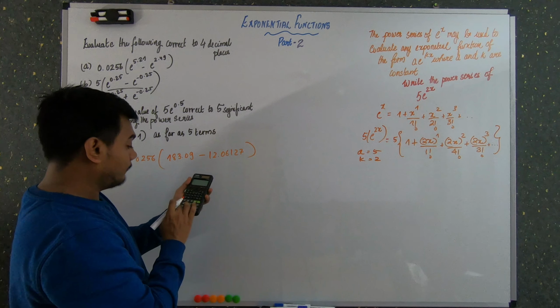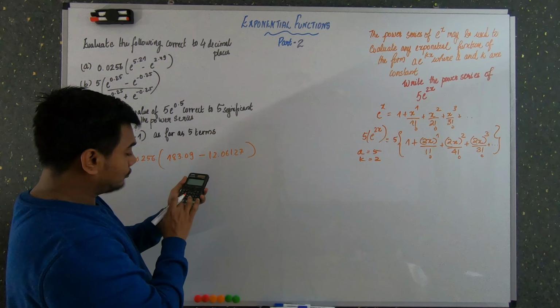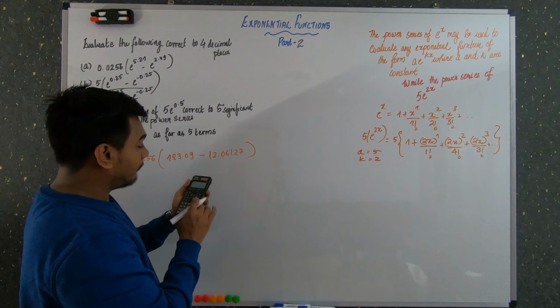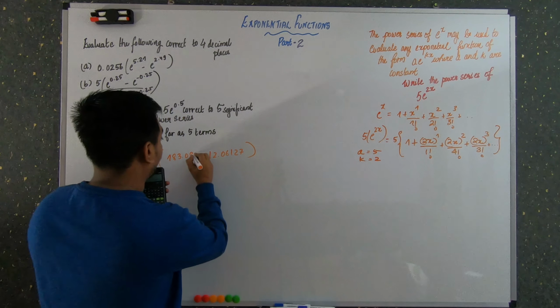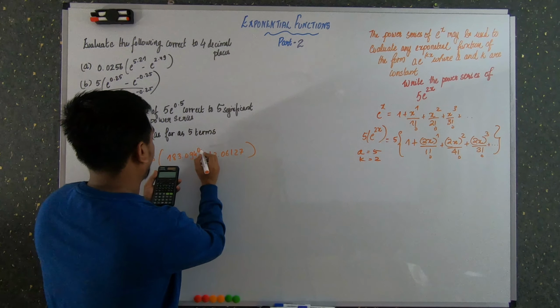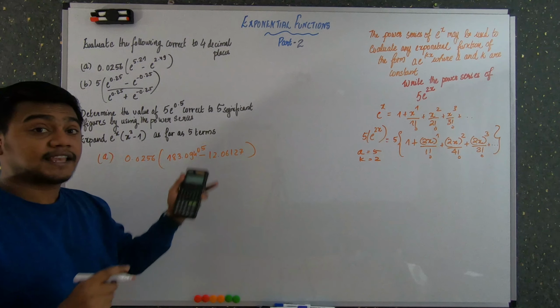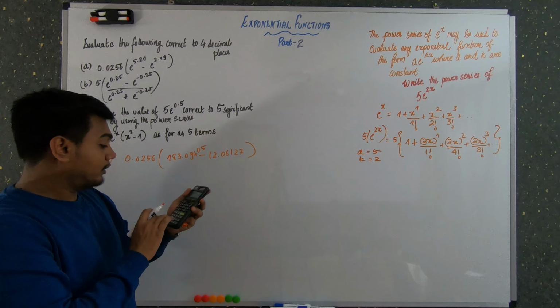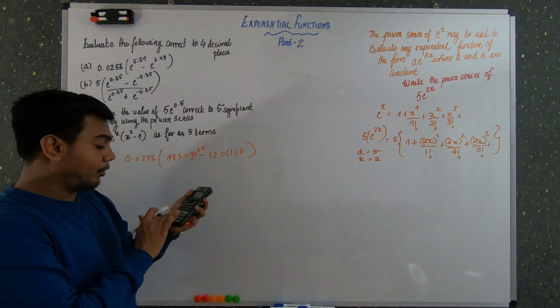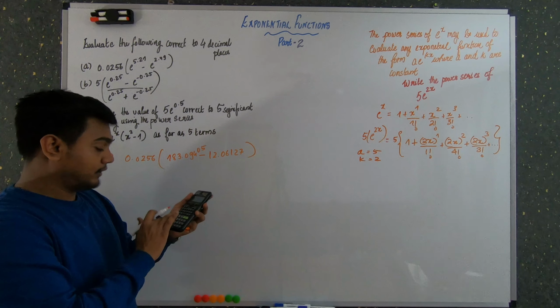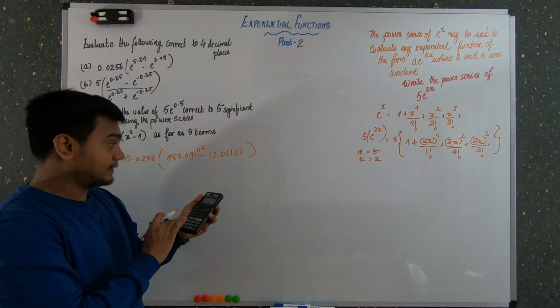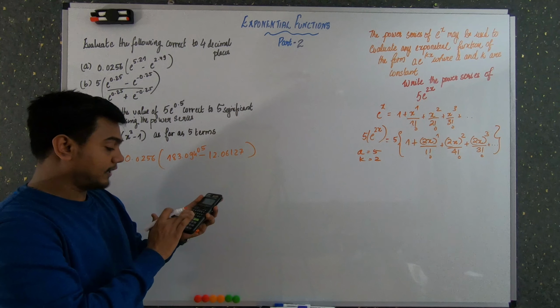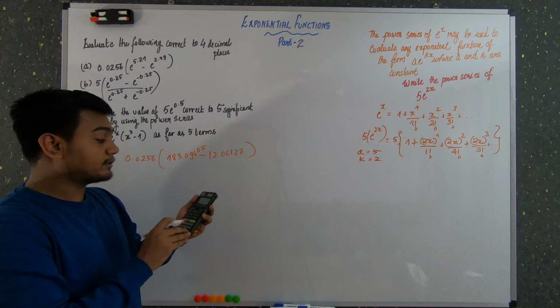So e raised to 5.21 is 183.09405. I'm taking up to 5 significant figures. Now 183.09405 minus 12.06127. Let's find what it is.